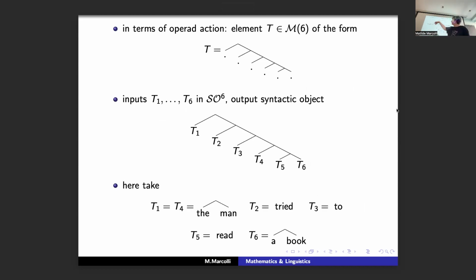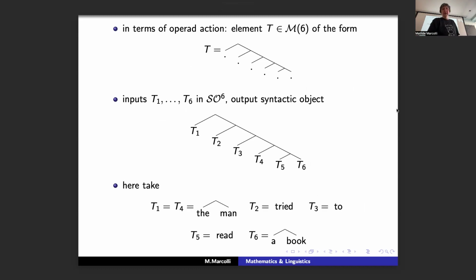Okay, so this is the structure. You start with something like this, where you plug in things, but the things that you plug in ordinarily would come just from this. It has 6 inputs, so you can plug in six syntactic objects to that. But now you're really plugging in 6 where they lie on a diagonal, or 2 of them are actually the same.